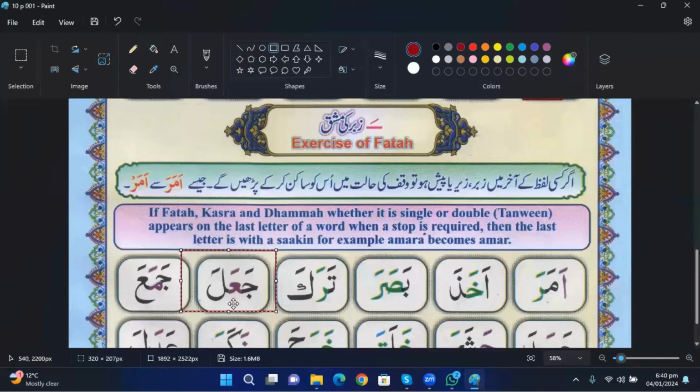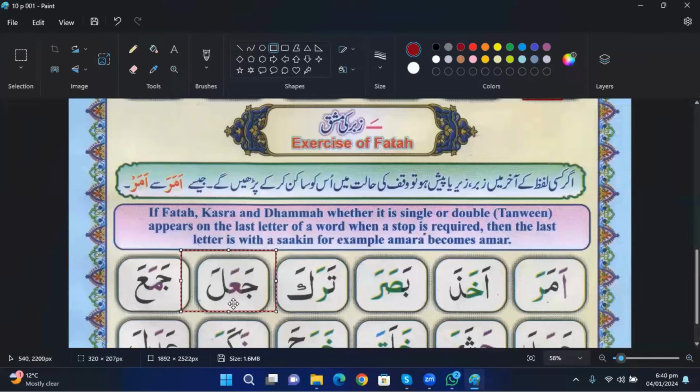Next one, exercise of Dhamma. You can again explain that Dhamma looks like a small wow that always appears over the letter. Keep your cursor here, and then tell them that Dhamma gives you the oo sound.